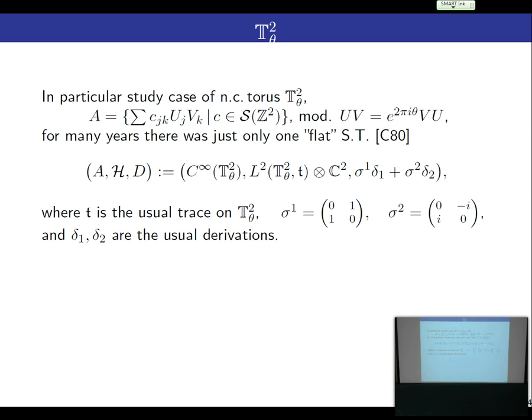And the Dirac operator is very flat, it is 2 derivations, which are also present in the non-commutative torus, with coefficients which are the so-called first two Pauli matrices. So you can view this as a matrix operator with derivations as matrix elements, okay?